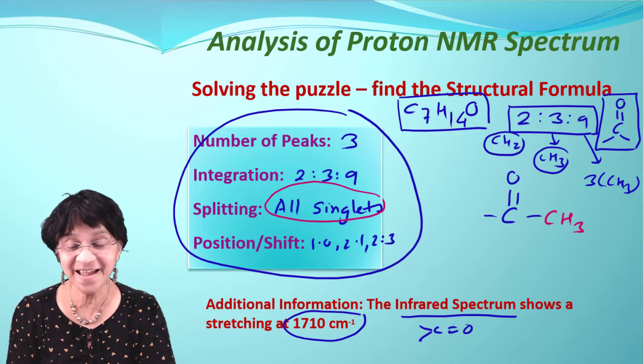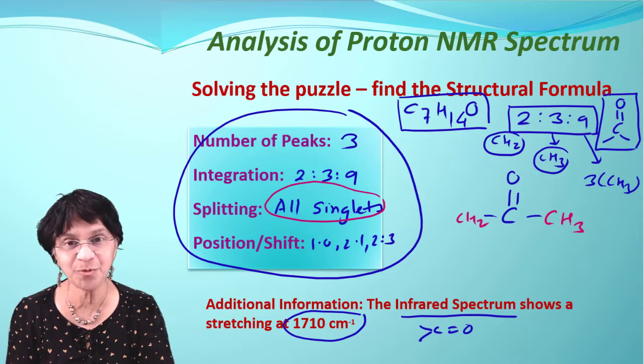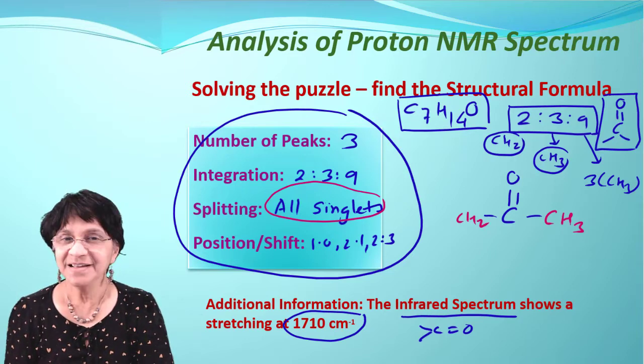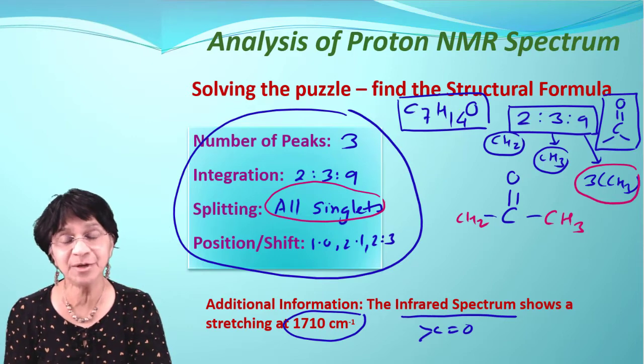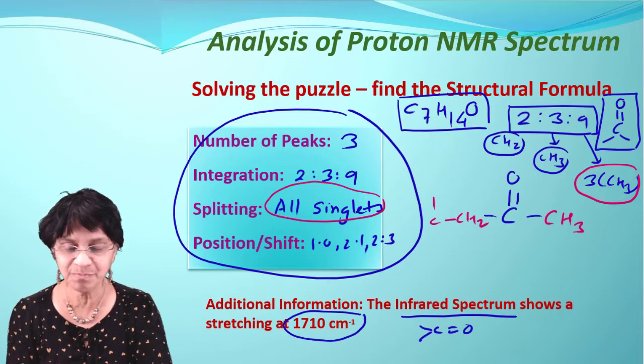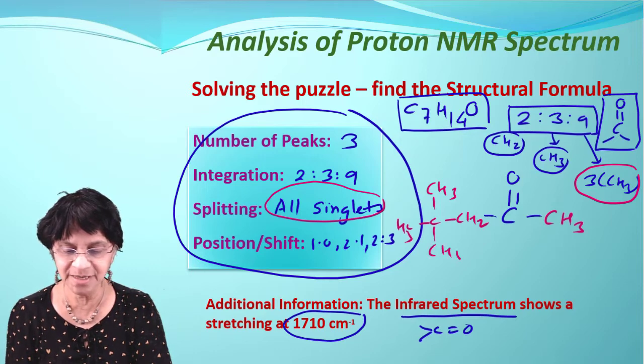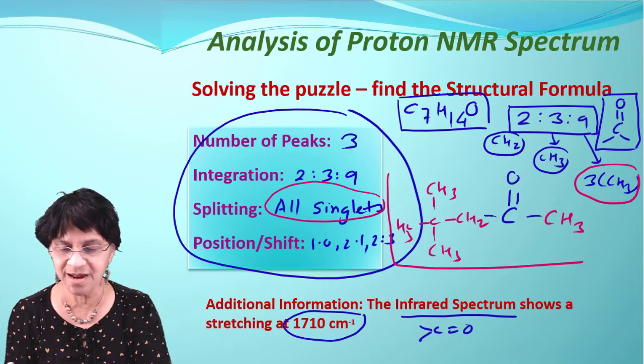Now let's take care of the CH2 group over here. And now the only groups remaining are these 3 methyl groups and 1 carbon atom. So how about if I write down 1 carbon atom and all these methyl groups linked to that.